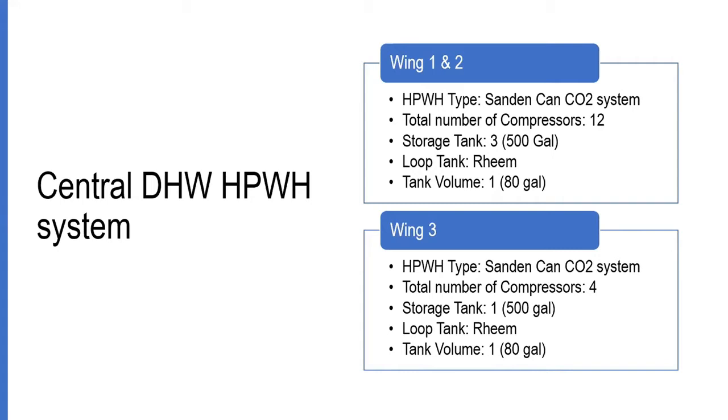For wing 3, the heat pump water heater type is also a Sanden CO2. There are 4 compressors serving the wing. We have 1 storage tank, about 500 gallons, and again a Rheem loop tank, about 80 gallons.